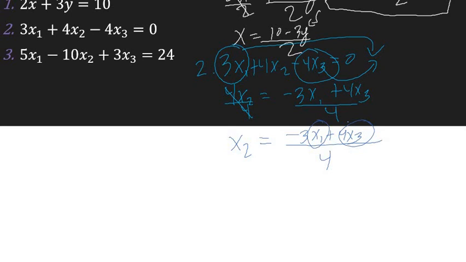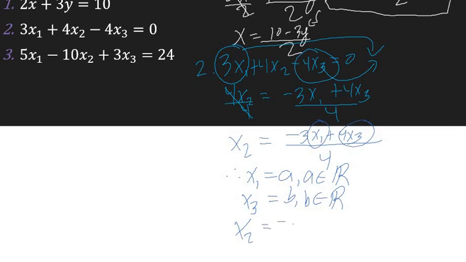This means x sub 1 and x sub 3 are our free variables. So we can have x sub 1 equal to, let's say, another variable because we already used the letter t, let's say a, an element of the set of real numbers, x sub 3 to be b, which can also be an element of the set of real numbers, while x sub 2 would be equal to (negative 3a plus 4b) all over 4.